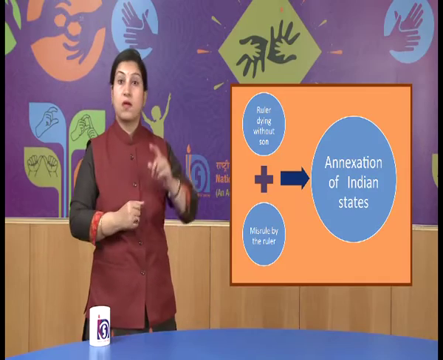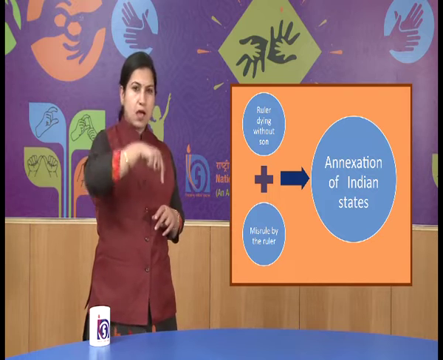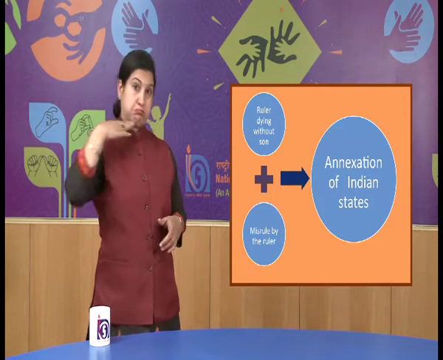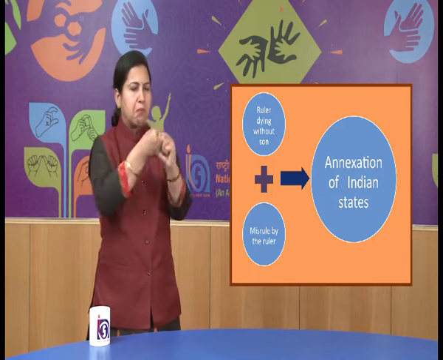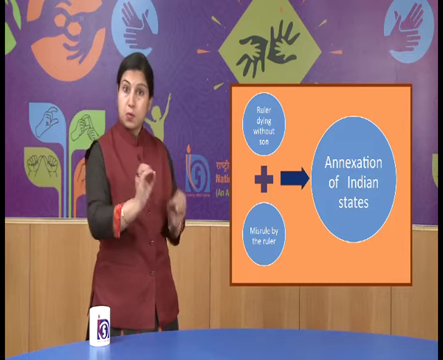Dear learners, doctrine of lapse was the policy by which the British occupied Indian states. There were two conditions for this. The first condition, if an Indian ruler died childless without any child, his state was occupied by the British.